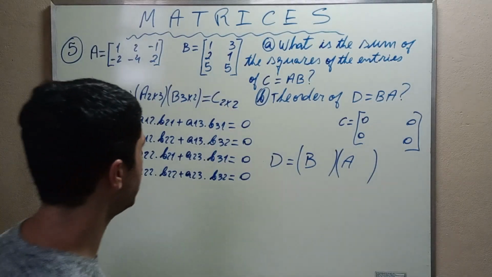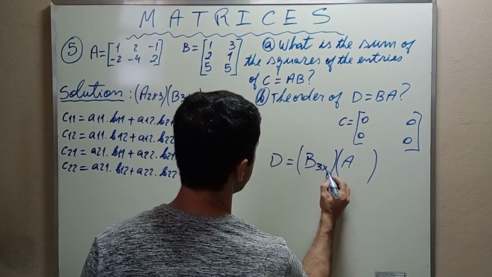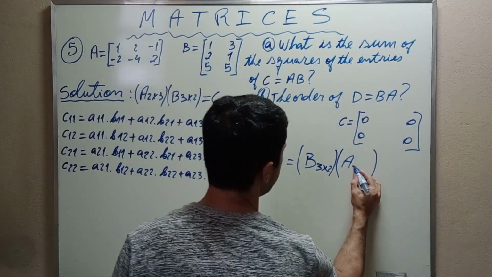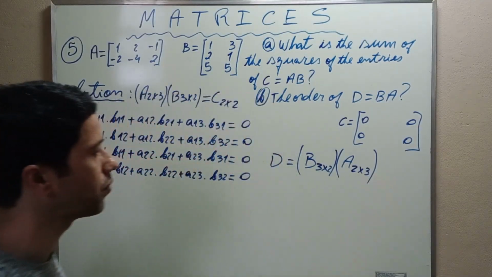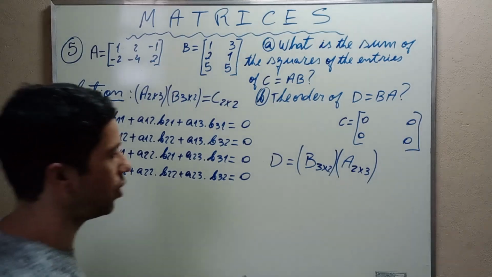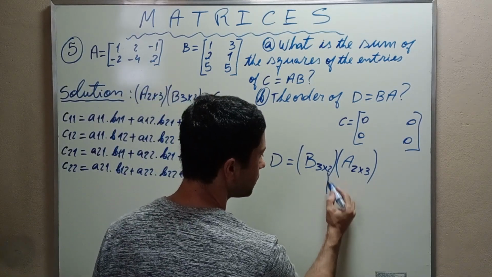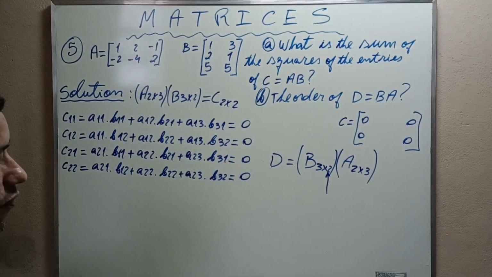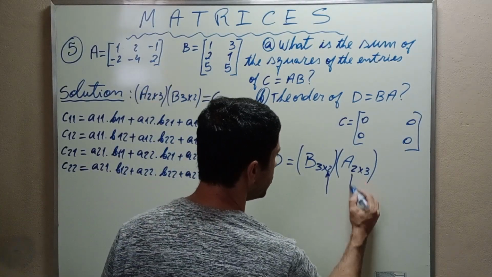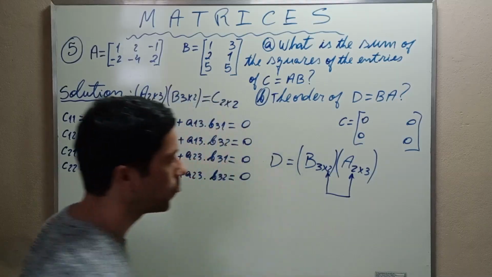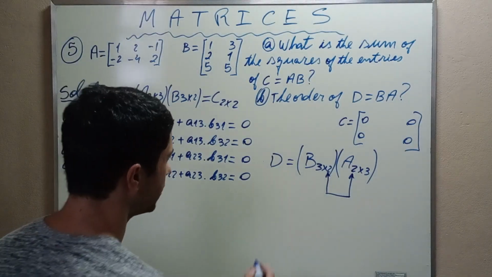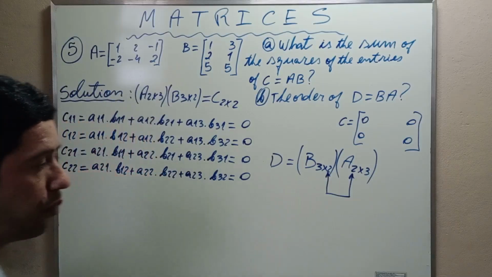B is a 3 by 2 matrix and A is a 2 by 3 matrix. Observe that the number of columns of the first matrix has to be equal to the number of rows of the second matrix. When this condition is verified, this product is possible, okay?